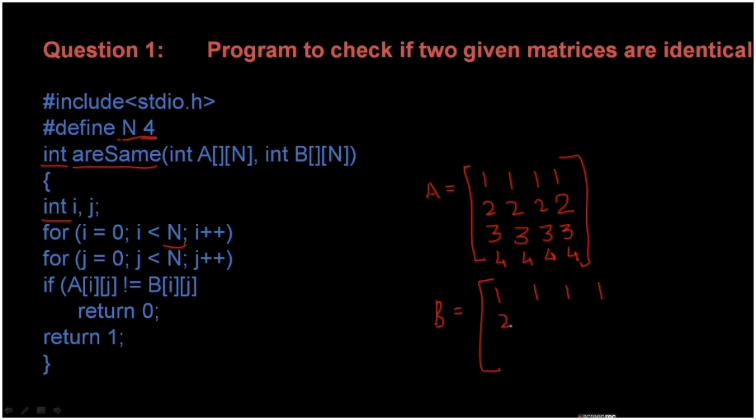So this is the first row, this is the second row, this is the third row with 3 in all the columns, and this is the fourth row with 4 in all the columns. So this is our two matrices A and B.